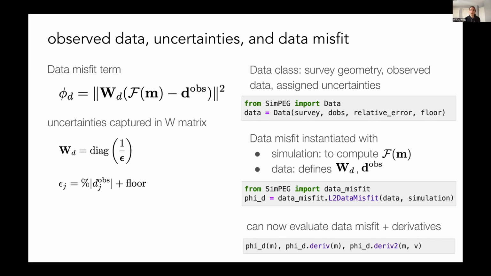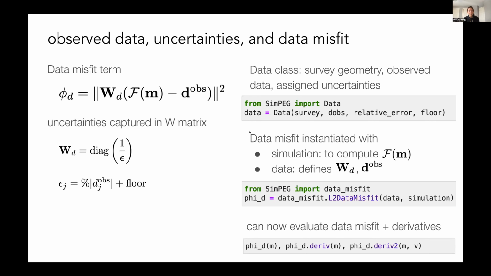If you set a relative error and a floor, these can be either scalar values, or if you needed, for example, to assign a different relative error for each frequency in your survey, these also can be vectors. And so this data object keeps track of everything that we need to get DOBS and to construct this WD matrix.